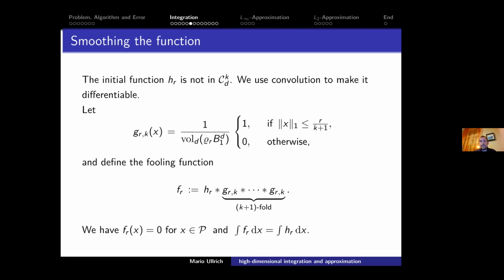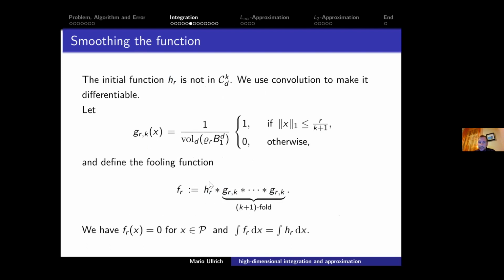And what is the idea to make a function smooth? You can take convolution. So we have this function hr, which is 0 close to our points and 1 everywhere else. And now we take another indicator function, which is normalized here. And we just take a plus 1-fold convolution with our function here.